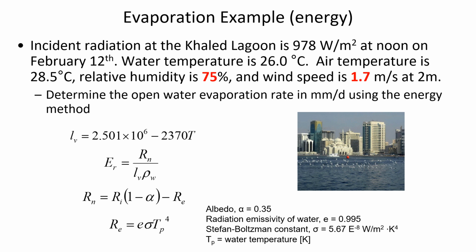So of the 978 watts per meter squared that comes in, this is how much is available to drive evaporation. And for the temperature that we're dealing with here, the latent heat of vaporization is 2.501 times 10 to the 6th minus 2370 times T. And the temperature we need to put in terms of Celsius, and it is the air temperature that we use, 28.5 degrees Celsius.